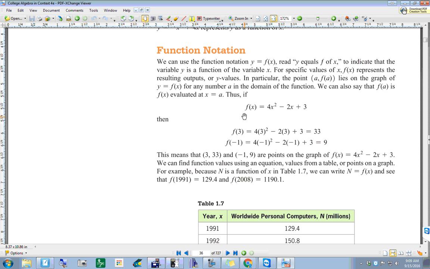I could have f of x, g of x, h of x, whatever I want to call it now. The variable always stays the same. This tells us what the domain variable is. So right here, this is telling me that every place I see x, I replace it with a 3. Here I replace it with a 1. It's just telling us what goes into.